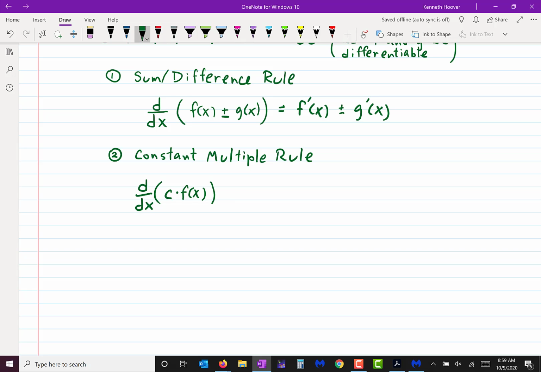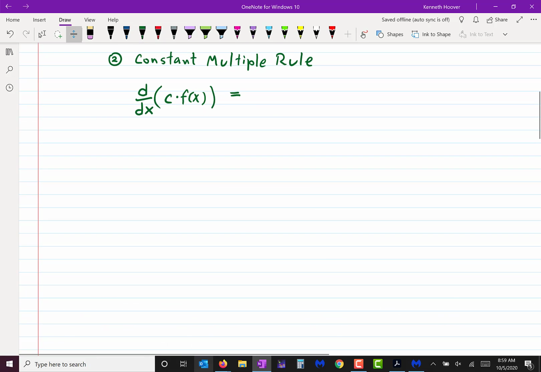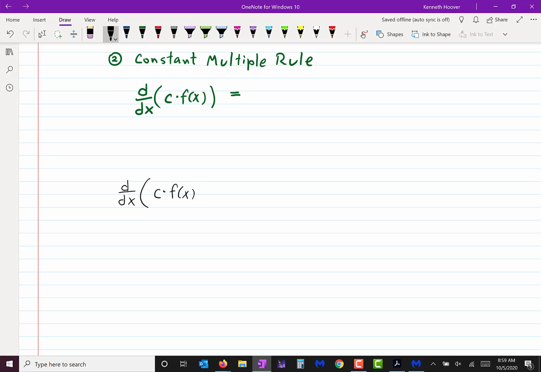What would it equal? Again, let's just work it out because it's actually pretty easy to see. All you have to do is write it down and see what you get. What would that be? It would be the limit. You should be getting very used to this by now.